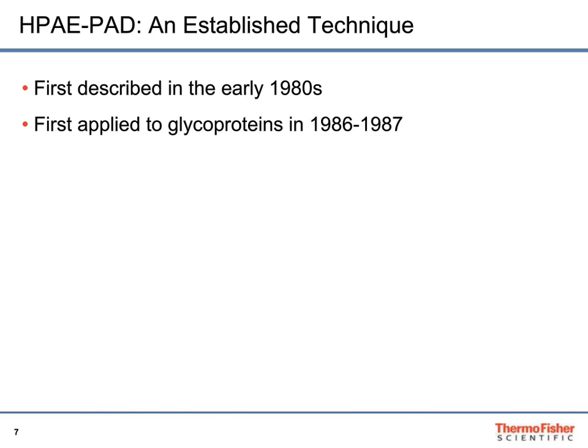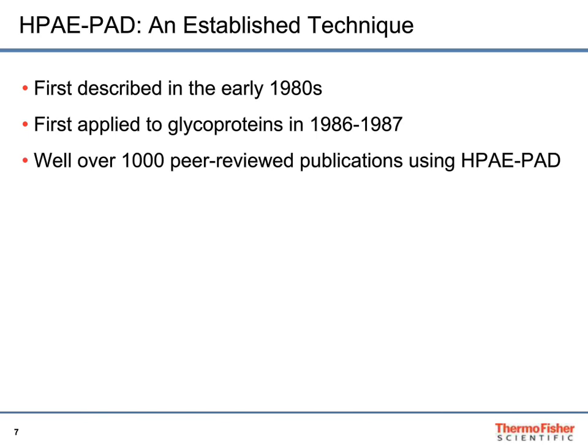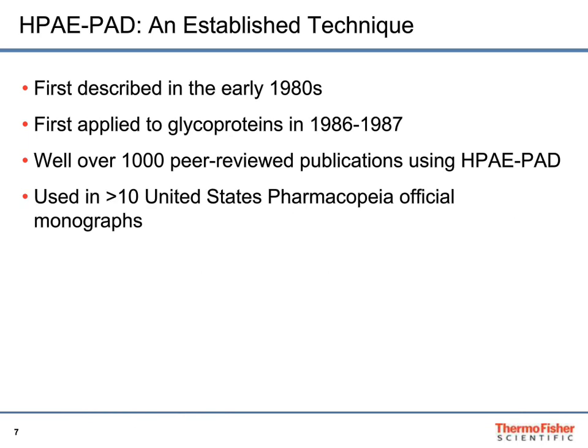To date, there are well over 1,000 peer-reviewed publications that use this technique, and the technique is in greater than 10 United States Pharmacopoeia official monographs. Some of you might remember the heparin problem of a few years back. They updated their monograph after that problem to contain a method that uses HPAE-PAD to determine impurities. So this is one example.